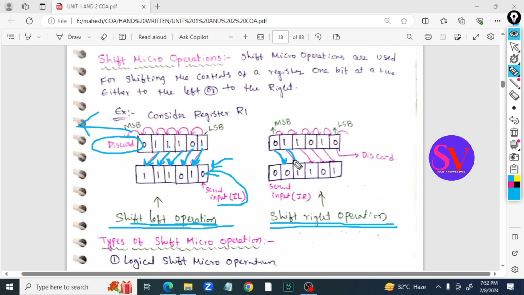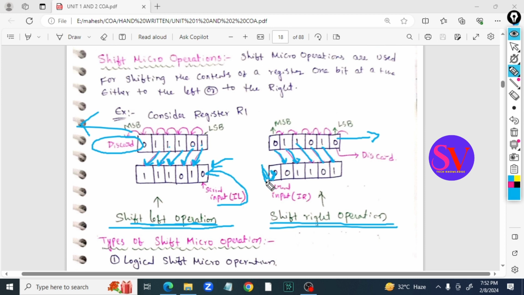In the shift right operation, every bit will shift to the right like this. This 0 will be shifted here, this 1 will be shifted here, this 1 here, this 0 here, and this 1 here. In the shift left operation the MSB is discarded, but here the LSB will be discarded. The least significant bit will be discarded and this vacant place will be filled with 0.